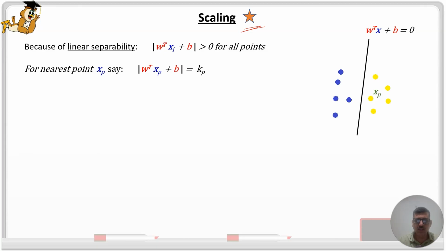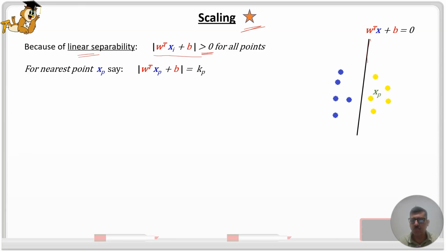Now, because of linear separability, if you had a separating hyperplane W transpose X plus B equal to 0, for all points xi in your training data, modulus of W transpose xi plus B would be greater than 0.